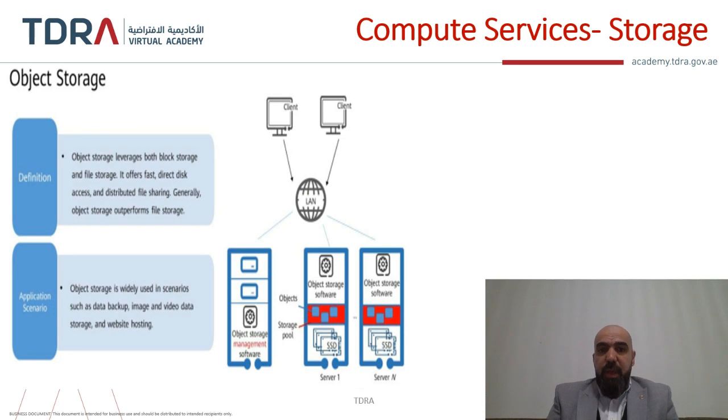So when you are claiming this storage, it will be fast and it doesn't care about the data type. Maybe it will be structured data, unstructured data, or semi-structured data. It does not care about that.